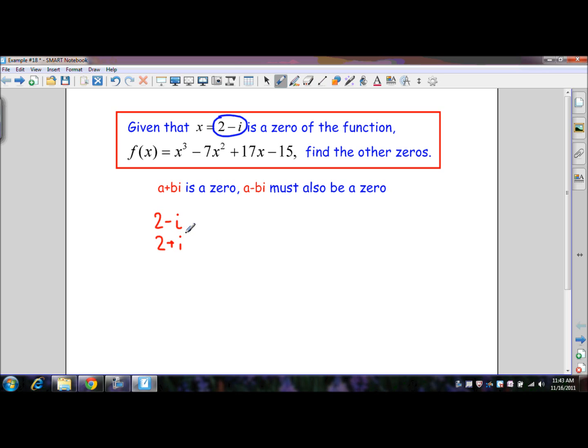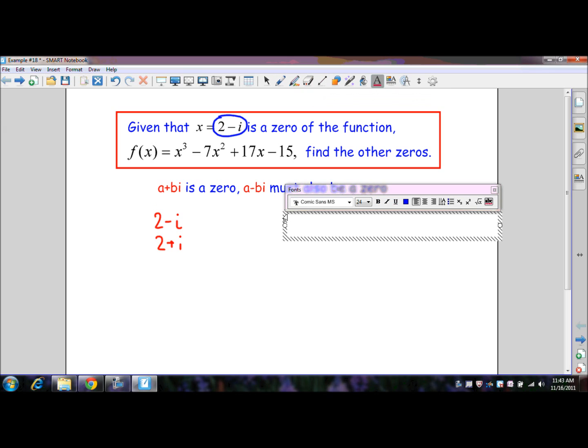Now, I tell my students to use a little shortcut for creating the polynomial that would come about from 2 minus i and 2 plus i. So let me walk you through that very briefly. I have this little shortcut that I say: x squared minus the sum plus the product. Let me write that here.